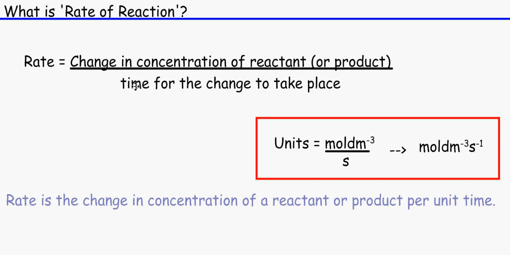The rate would be the change in that concentration divided by 10 seconds, and the units would always be mol dm^-3 s^-1, so mole per decimeter cubed per second. You do need to learn this because this is very important to what we're going to learn about today.